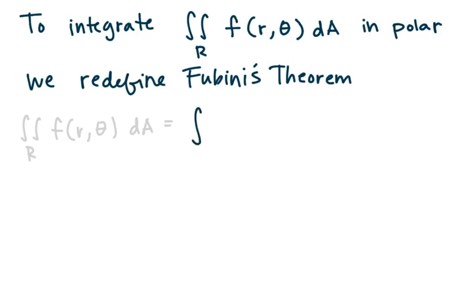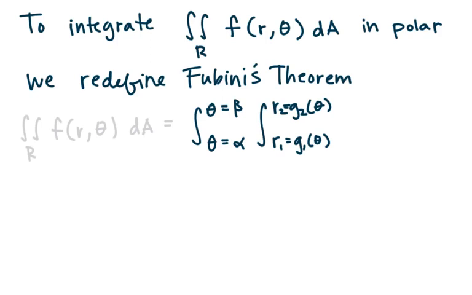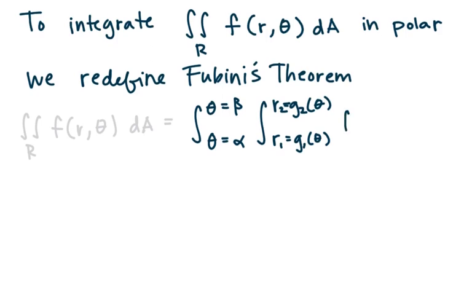We'll say we have some theta from an alpha measure to a beta measure, and then we have r sub 1 as a function g sub 1 of theta, and r sub 2 equal to a function g sub 2 of theta.